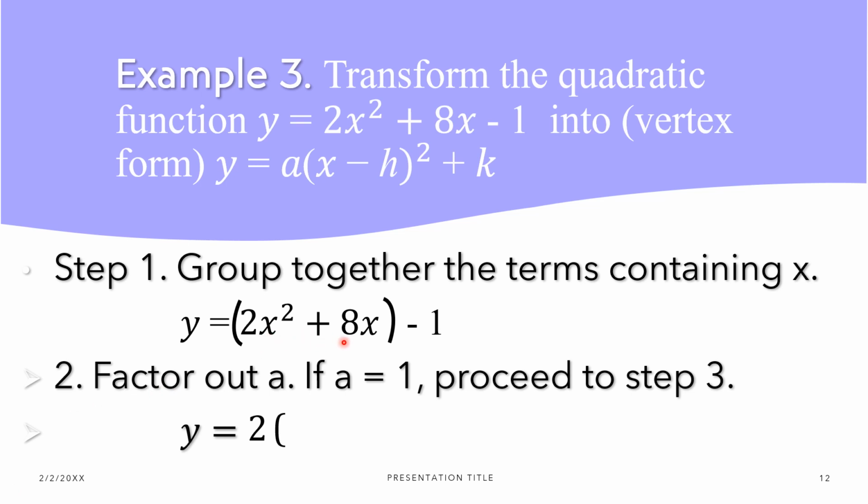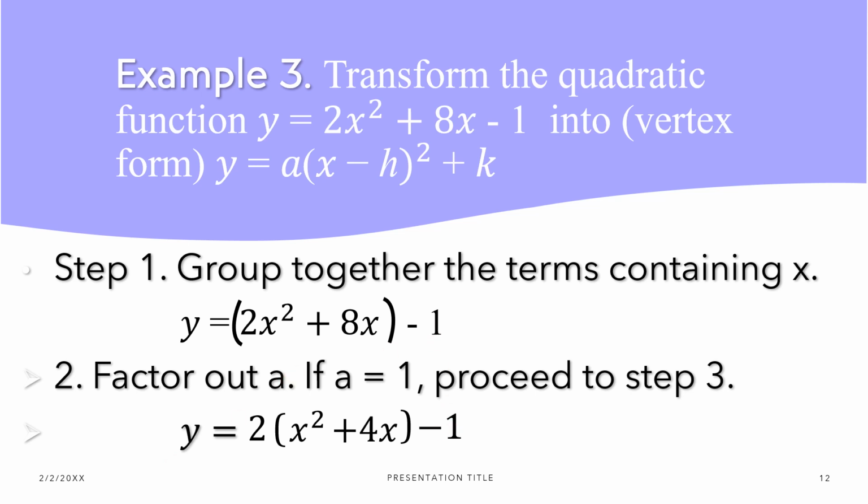I-divide lamang po natin yung bawat terms na nasa loob sa 2. So, 2x squared divided by 2, x squared. Positive 8x divided by 2, that is positive 4x. Then put a close parenthesis, minus 1.